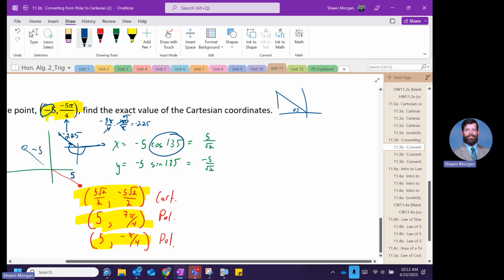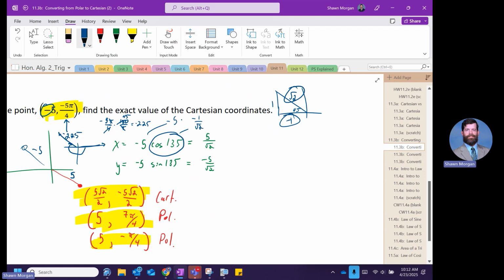That's a 45-degree reference angle. So we have a 1, 1, radical 2. Cosine is adjacent over hypotenuse. So we had negative 5 times negative 1 over radical 2. The negative times the negative canceled out and gave us this positive result right there. Good question, Finley.